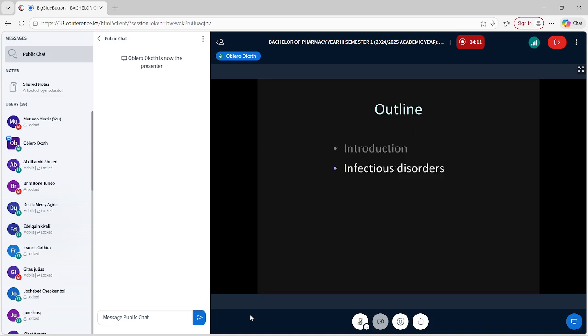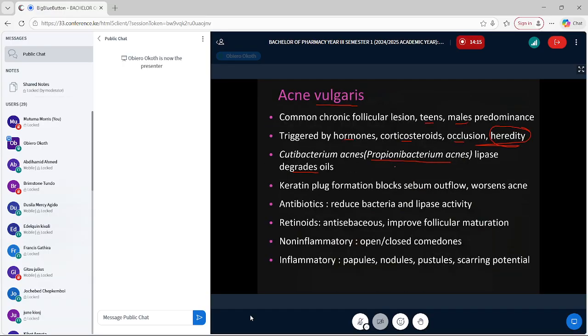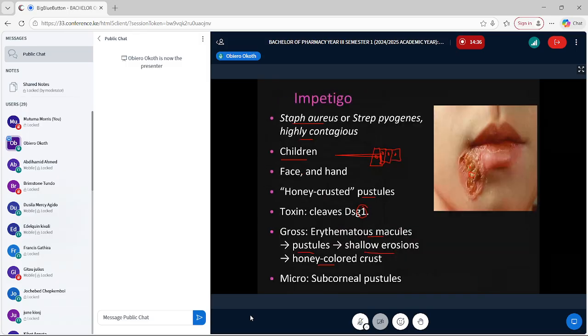That is what we mean by blockage of the sebaceous outflow. And that's why these conditions respond to antibiotics, which reduce the bacteria and the lipase activity. They also respond to retinoids or retinoic acid, which are anti-sebaceous; they reduce the sebaceous outflow. They also improve follicular maturation.